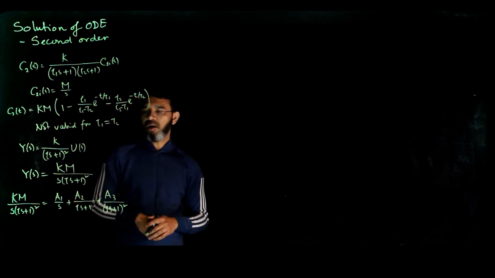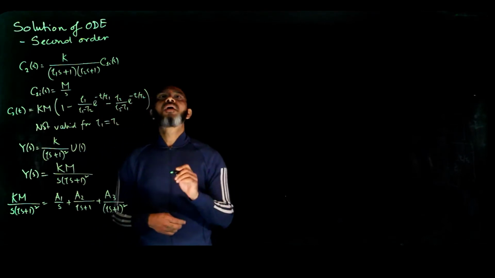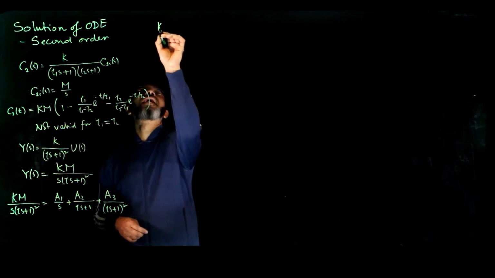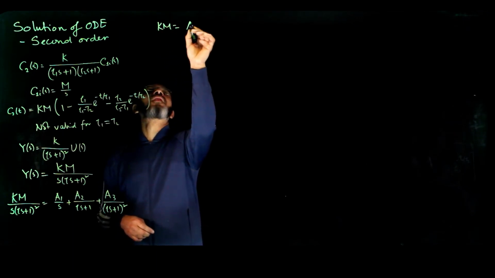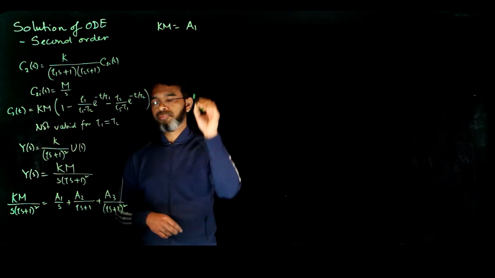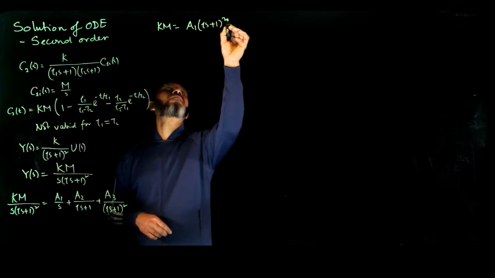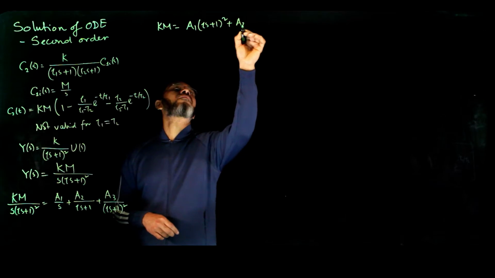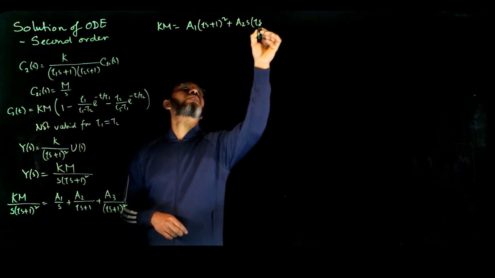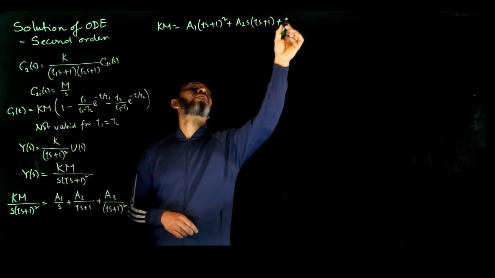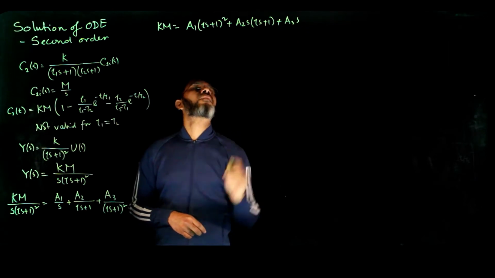Now to find the values of a1, a2 and a3, we will write km equals a1 (tau s plus 1) squared plus a2 s (tau s plus 1) plus a3 s.